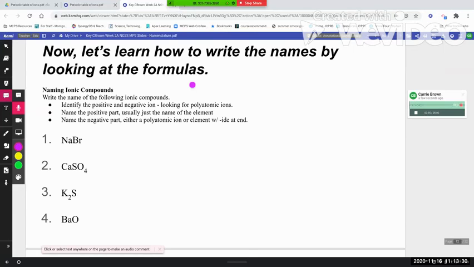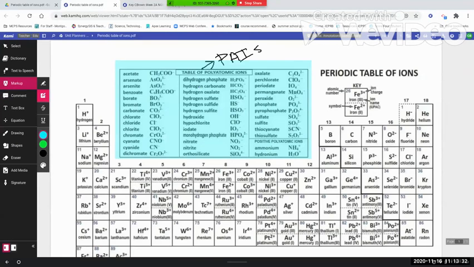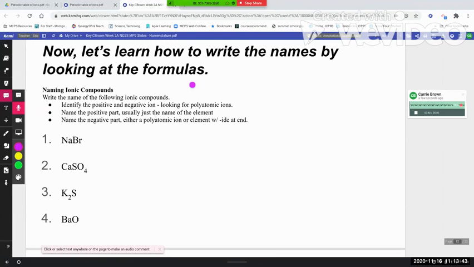So if we find Na, Na is the first name, so it has to be a cation. So you're going to look on the left-hand side, and you'll see that it's sodium. And you just write sodium. So the cation name doesn't change.